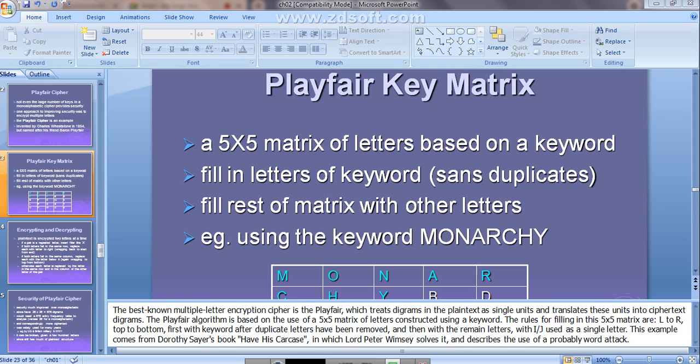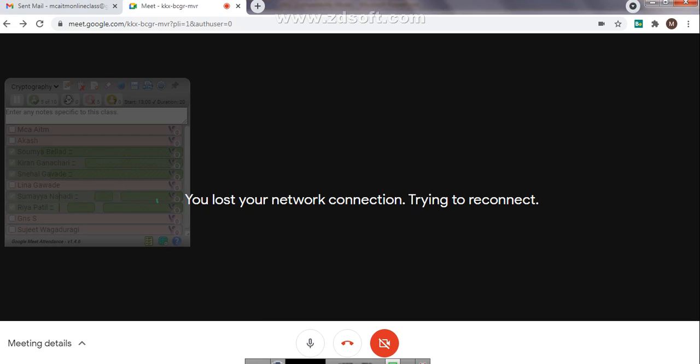Clear, guys? Getting the thing? The main thing is that this algorithm is mainly based upon the 5 by 5 matrix, where you write the letters which are present in the key, that is, the key you are going to use to convert plain text into cipher text.